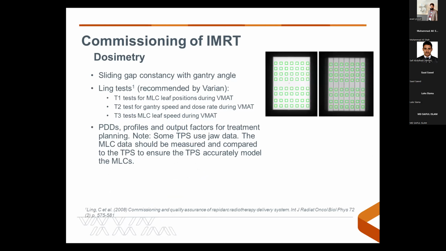In our department, we also measure sliding gap with gantry angle. We have a 6 mm sliding gap that we measure at each gantry angle, and we test that routinely on a 6-month basis. That just ensures the constancy of the DLG in our dynamic MLC treatments.